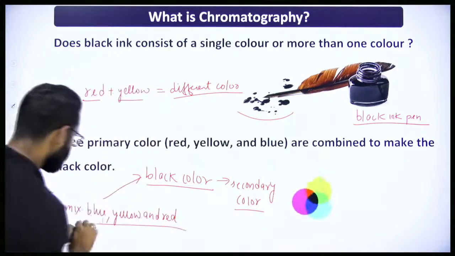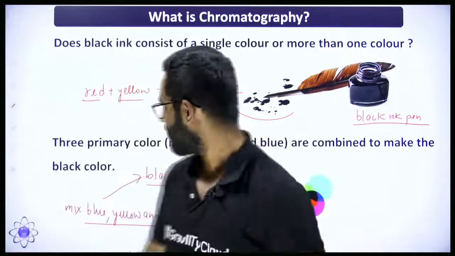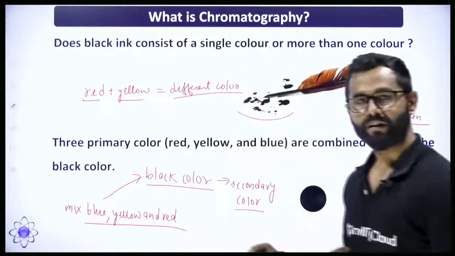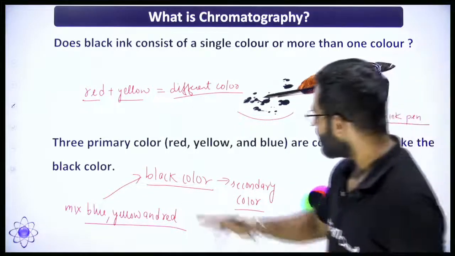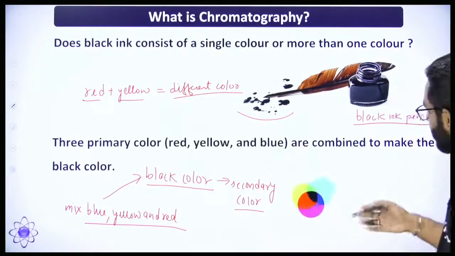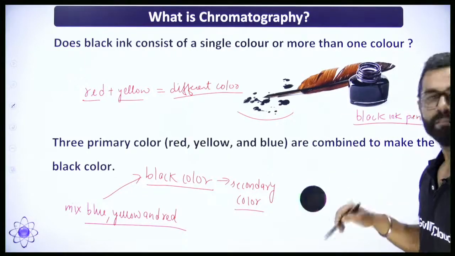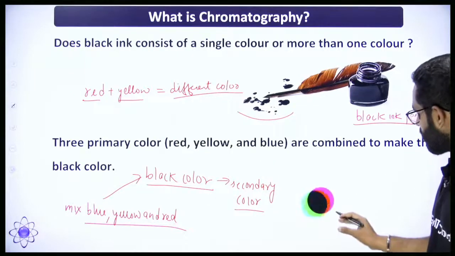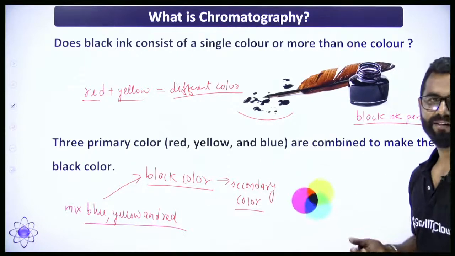If you mix these three colors, that is blue color, yellow color and red color, mixing of these three colors gives us the black color. Even if you can see here, if I use the red color, yellow color and blue color and mix them, you will ultimately get the black color.